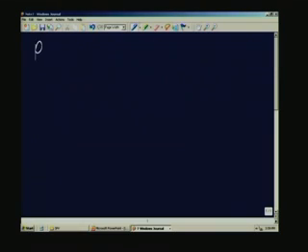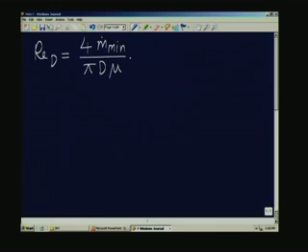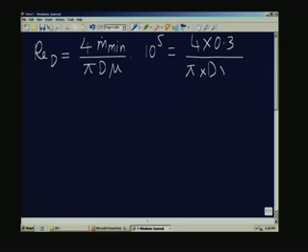So if you remember, Reynolds number based on the diameter is given by 4 m dot minimum by pi D mu. So 10 to the power of 5 equals 4 into m dot, which is 0.3 kg per second, divided by pi into D, which we do not know, that is what we have to determine.